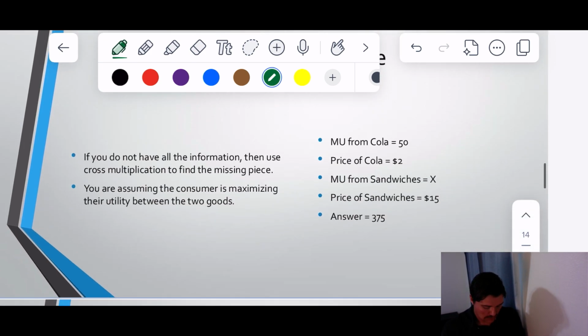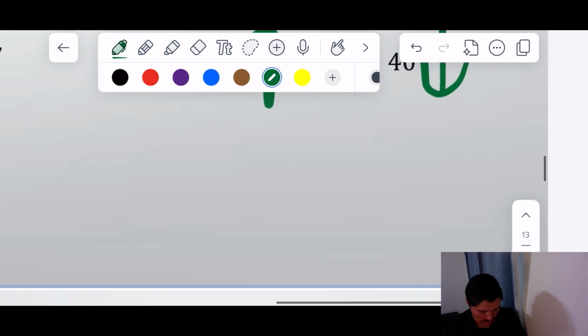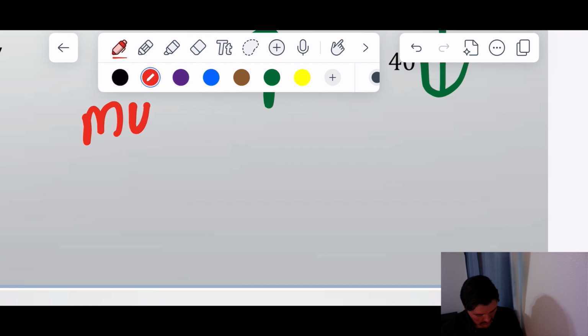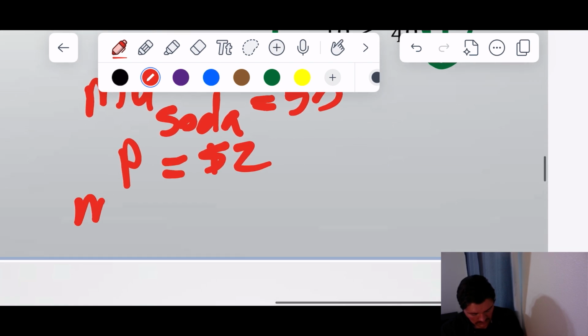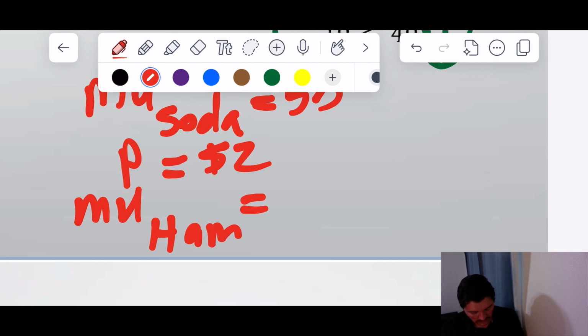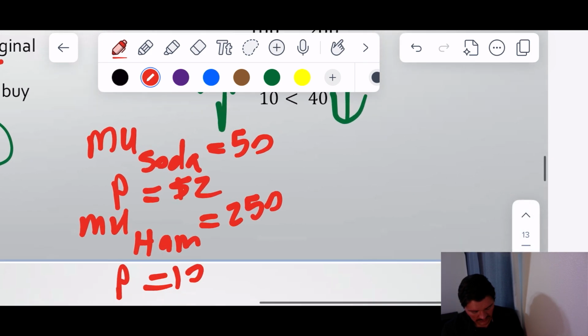All right. So we can do this over here. If I were to give you some more random numbers, for example, let's say the marginal utility from consuming soda was 50 and the price of the soda was $2. The marginal utility from a ham sandwich was 250 and the price was 10.